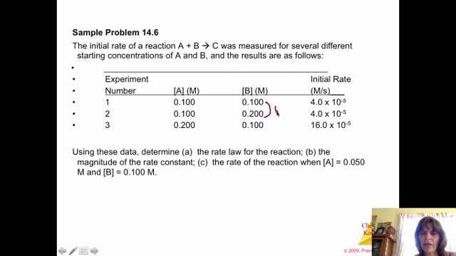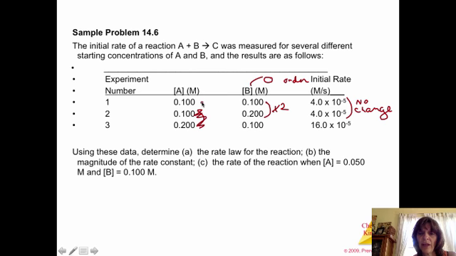So as B is doubled, we see no change in the rate. So with respect to B, that appears to be a 0 order. B obviously needs to be there according to the reaction, but it doesn't affect the rate when you have more of it.